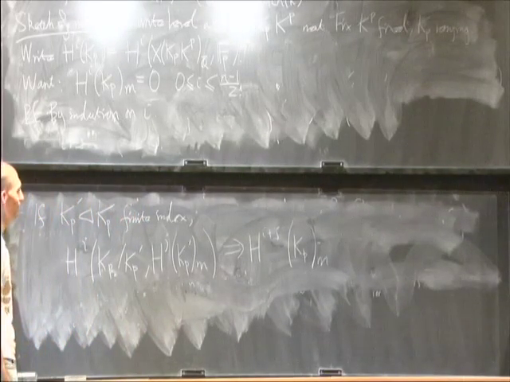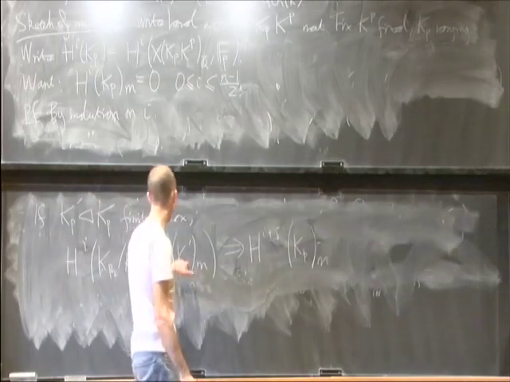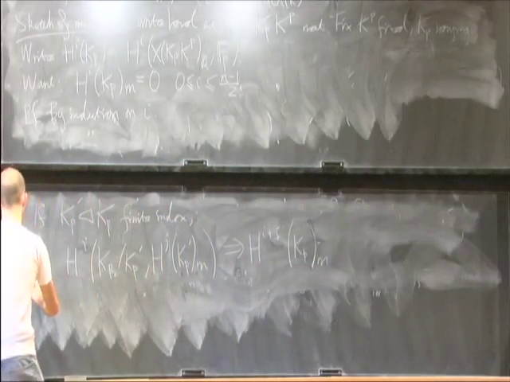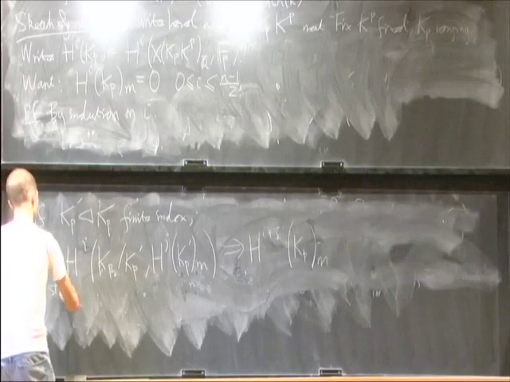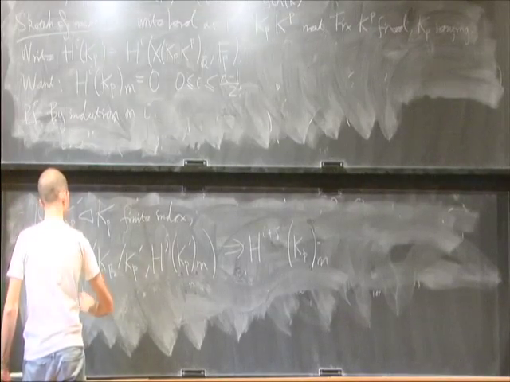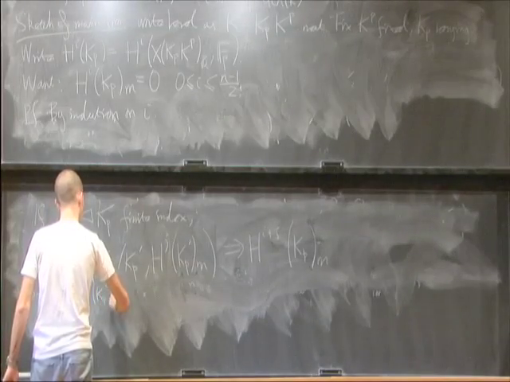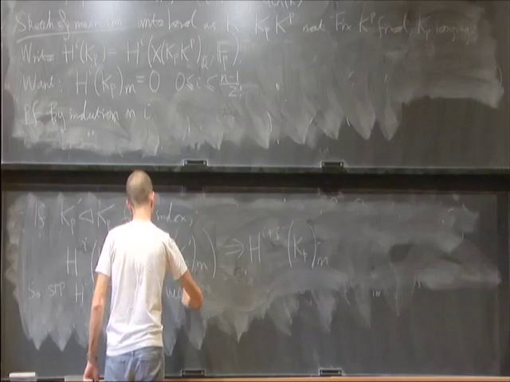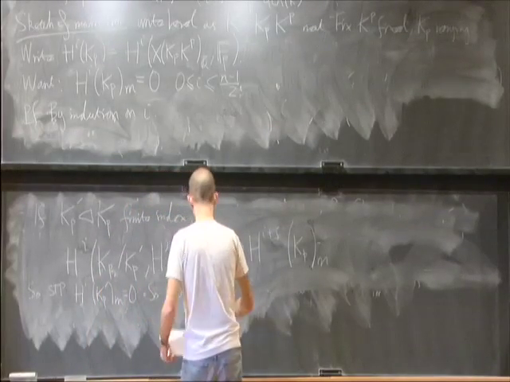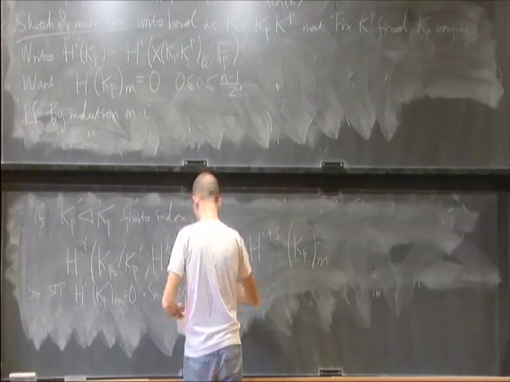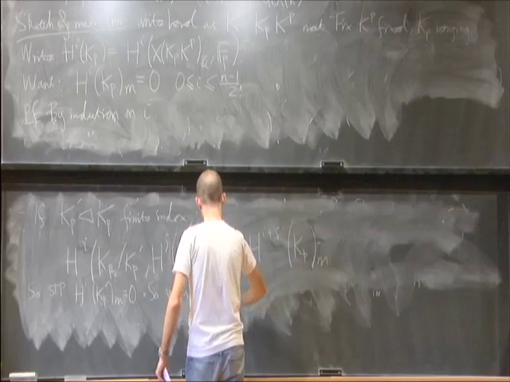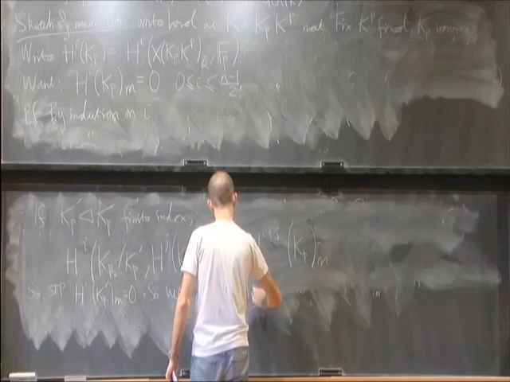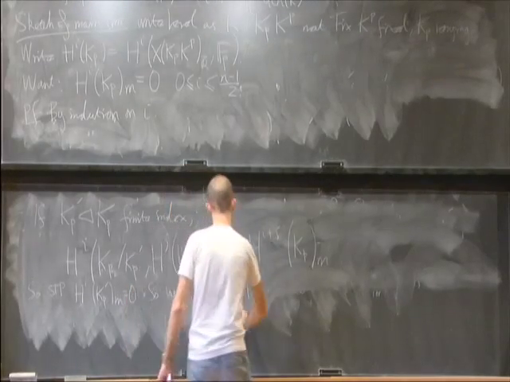If you look at the induction hypothesis, this means that if I prove that these vanish, then these are going to also vanish. So it suffices to prove that H^i(K_p primed, m) equals 0. So without loss of generality, I can assume that K_p is a normal subgroup of the pro-p Iwahori.